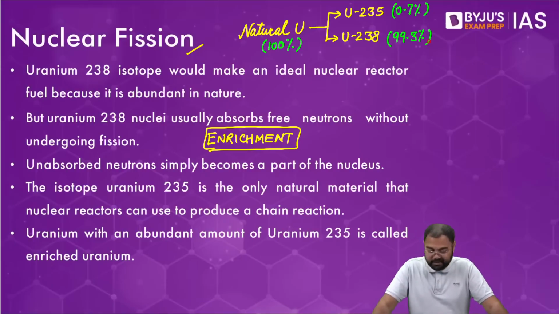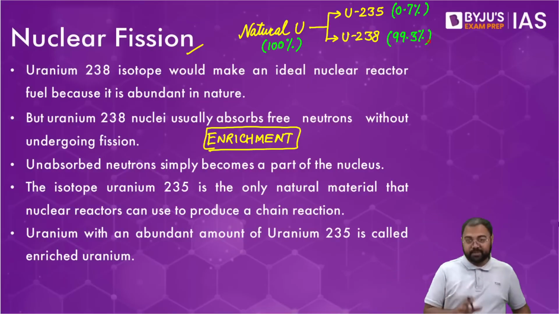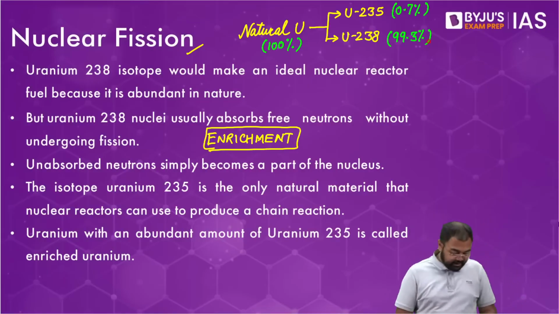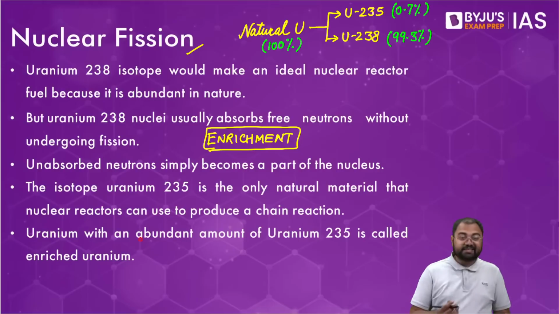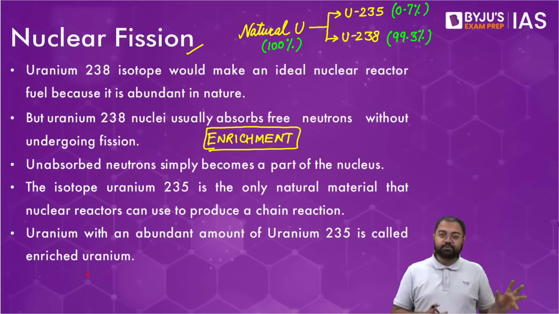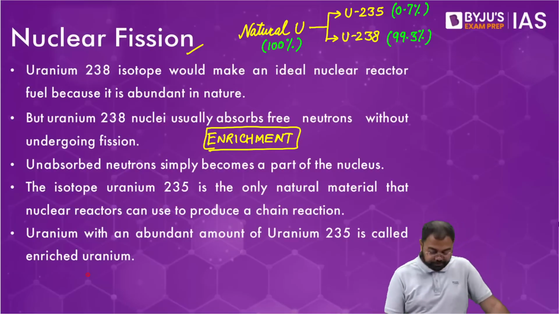So this is where we use a process called enrichment. With this process of enrichment, what we basically do is try to increase the proportion of uranium 235, the ratio of uranium 235, from, let's say, 0.7% up to 3 to 5%. That process is called enrichment.